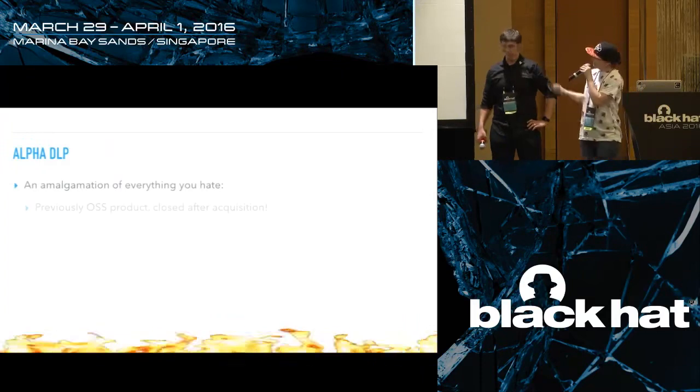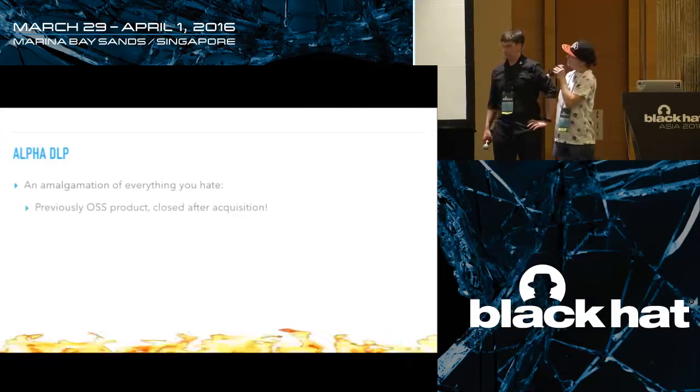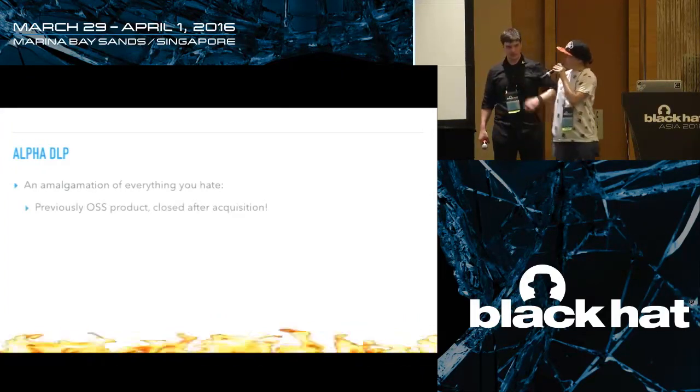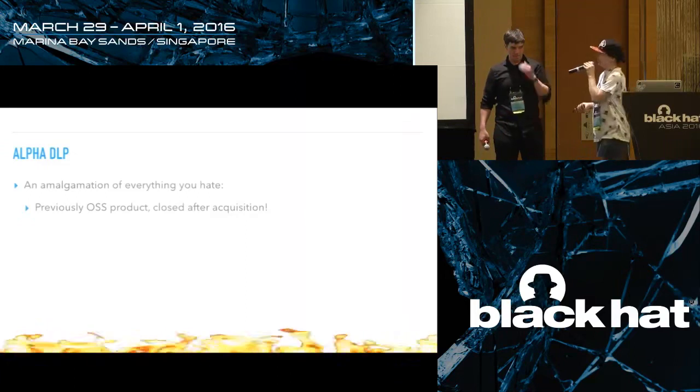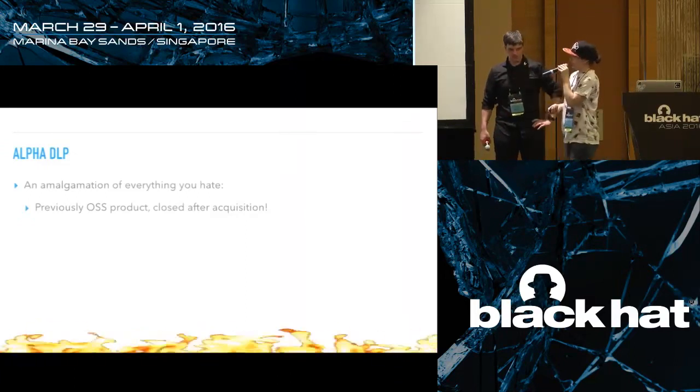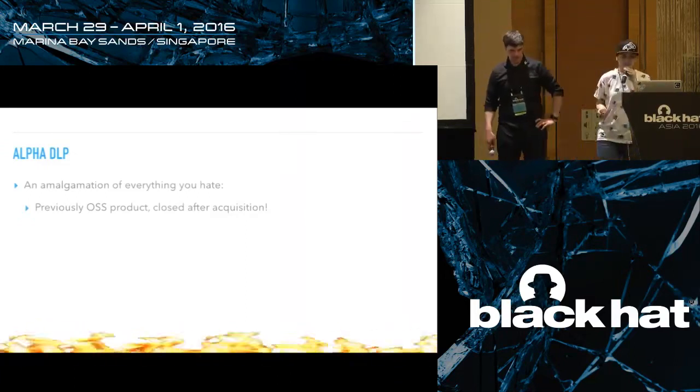What are some things that I don't like? I hate it when a company takes an open source product, acquires it, and then closes off the source. I like open source. I like the transparency of it. So this sticks in my craw.